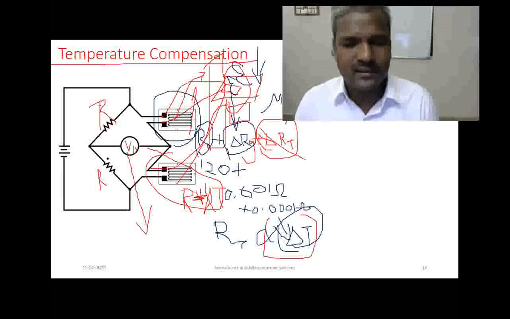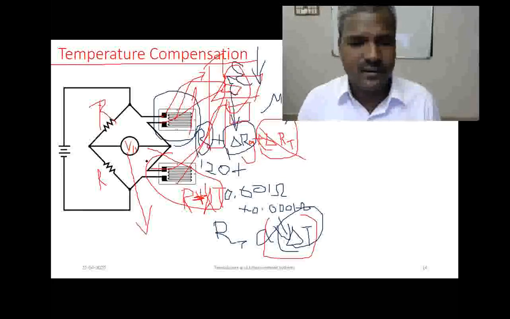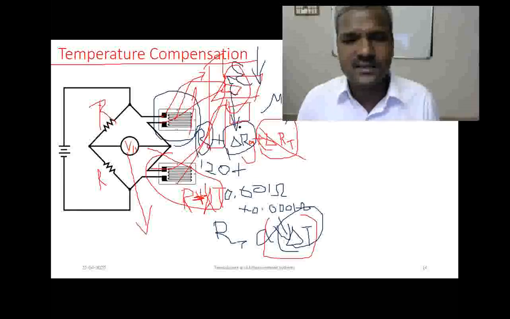Finally, the circuit detects only the change in strain.